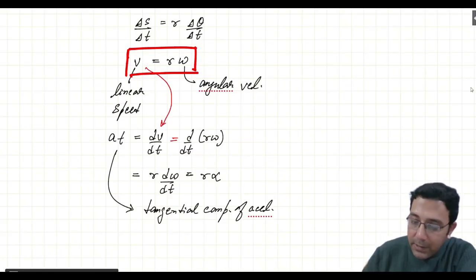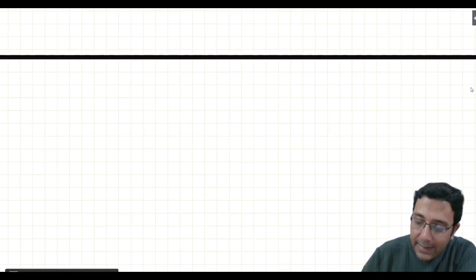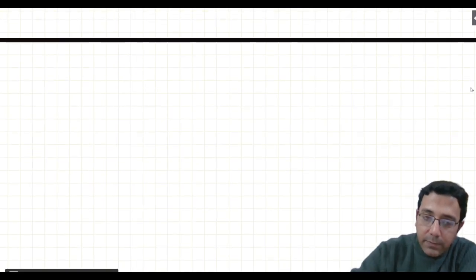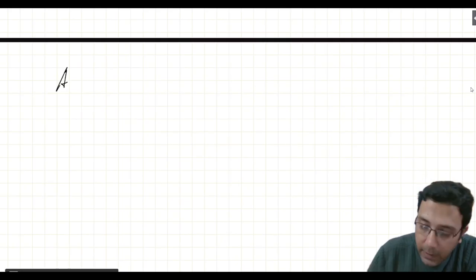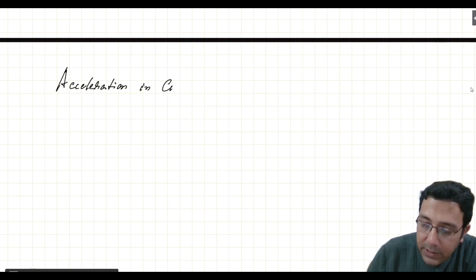Now the acceleration in circular motion actually has two parts: one is tangential, one is centripetal.